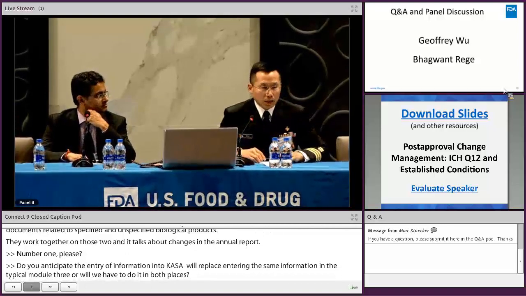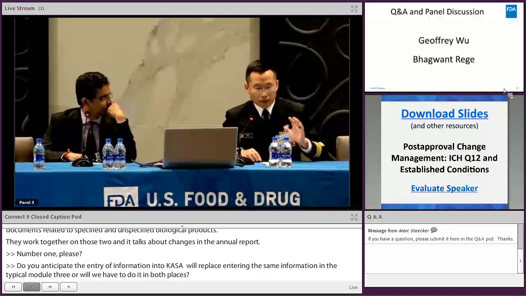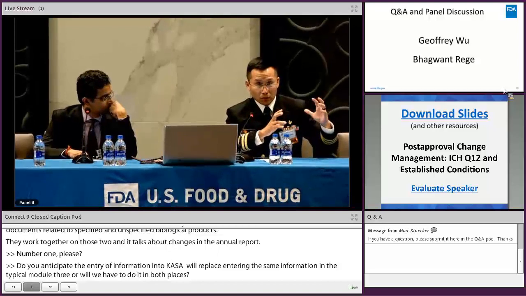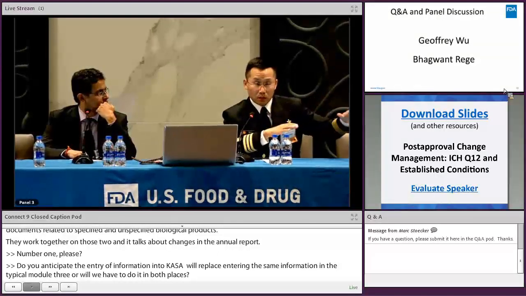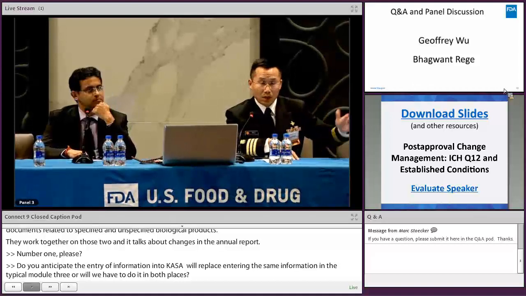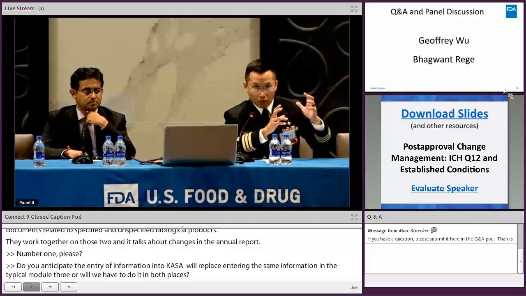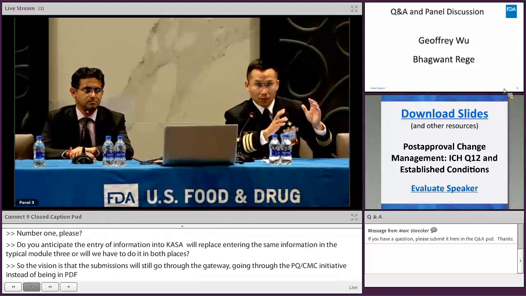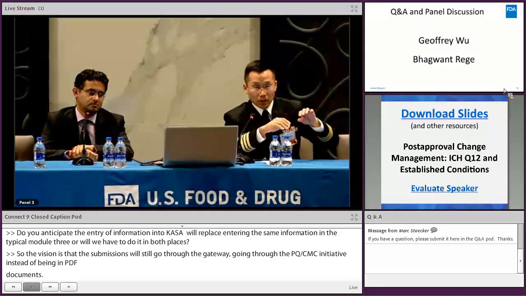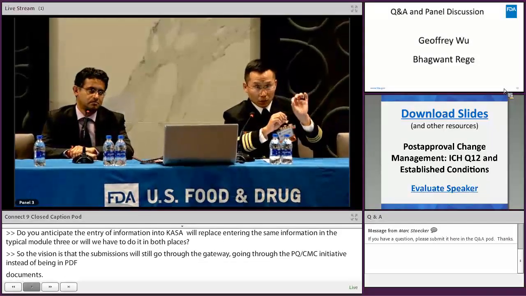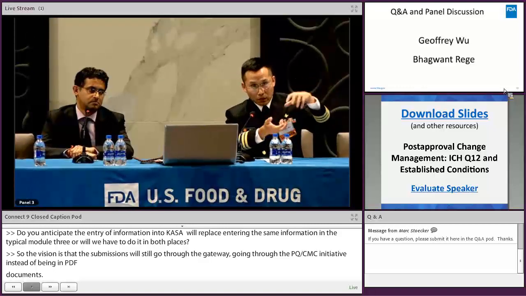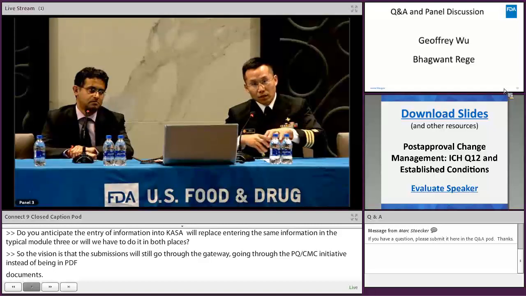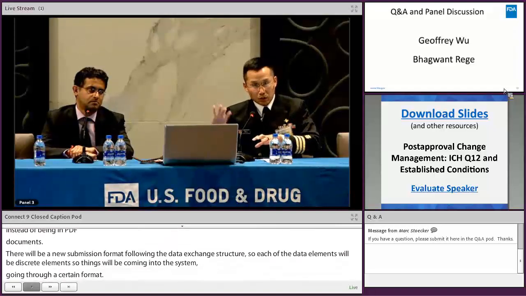So the overall idea based on our current thinking and vision is that the submissions will still go through the gateway, but going through the PQCMC initiative, instead of being PDF documents, I think there will be a new submission format following the data exchange structure. So each of the data elements will be discrete elements, so that things will be coming into the system with identifiers going through a certain format. Eventually, we can directly use it for our CASA operation or application.